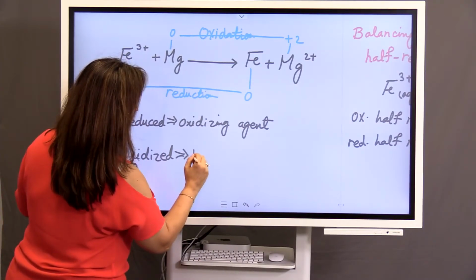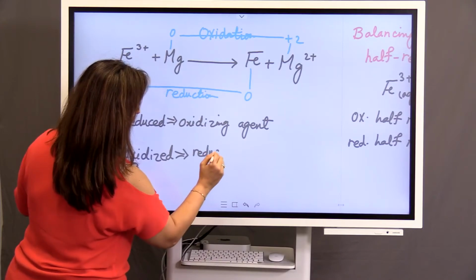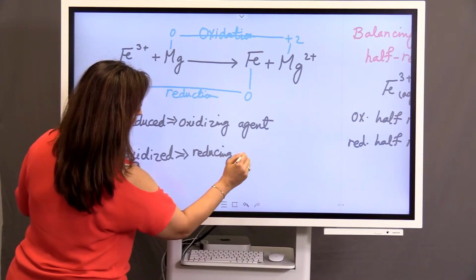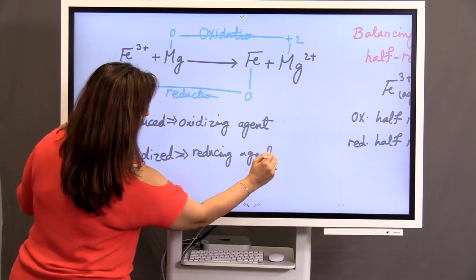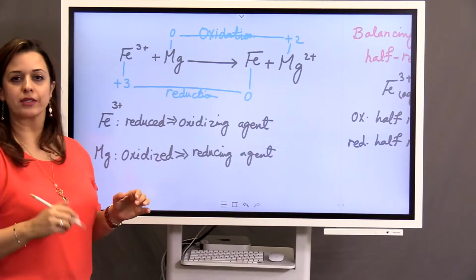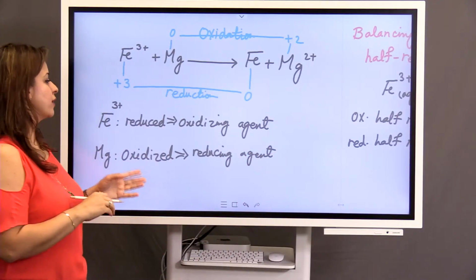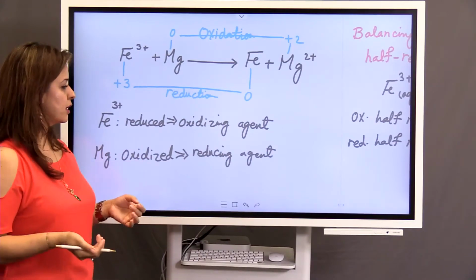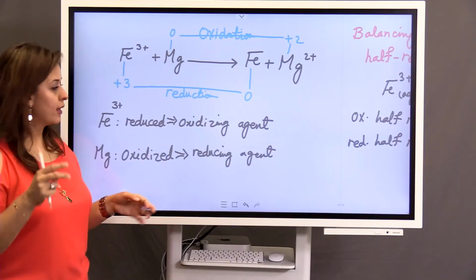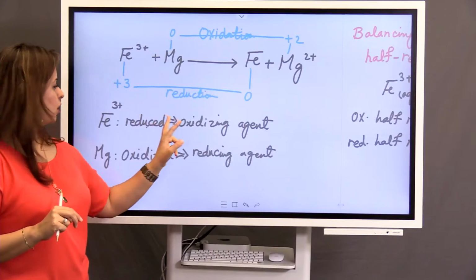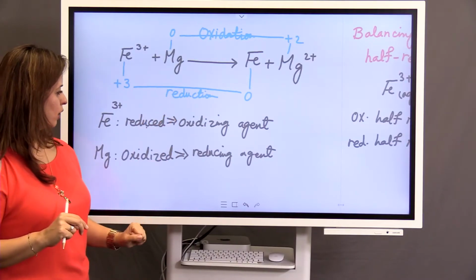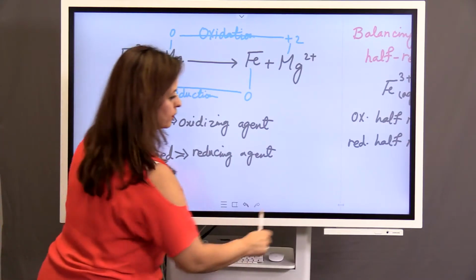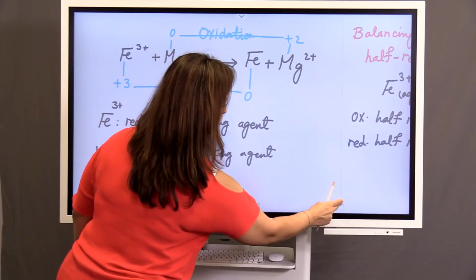So it's the reducing agent. So knowing these terms is also important. The element which is oxidized is reducing agent. The element that is reduced is oxidizing agent. We play with these two words, with the terms. All right.